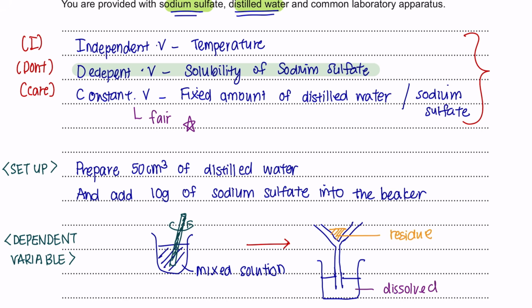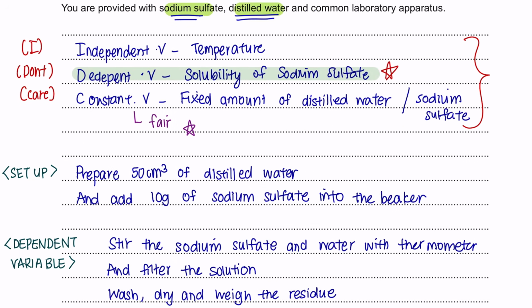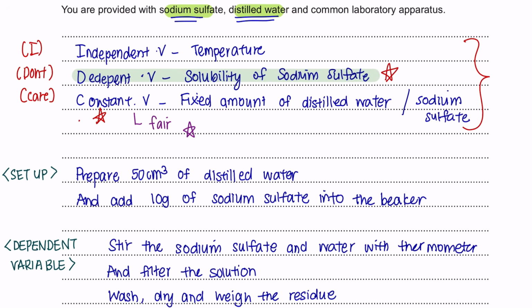The dissolved sodium sulfate will go into the beaker, and the undissolved sodium sulfate will be left in the residue here, which later on you can weigh and use this mass to test the solubility of sodium sulfate. If there is a lot of residue left behind, this means that the sodium sulfate did not dissolve completely in the water. Okay, we have talked about the constant variable over here.